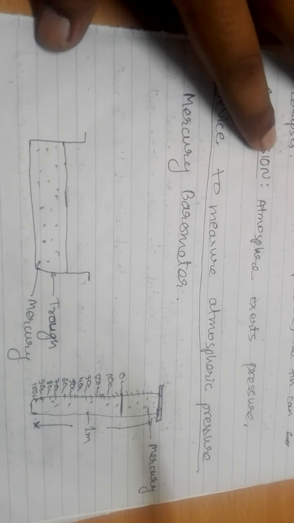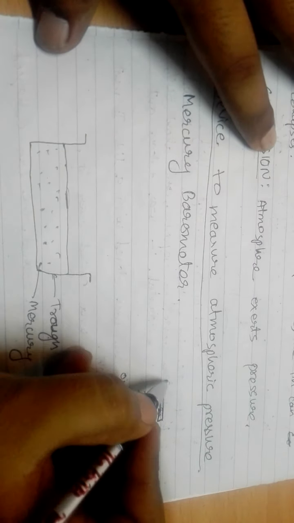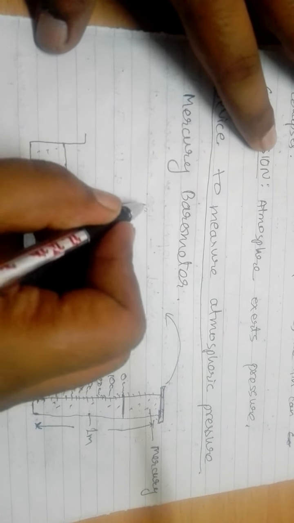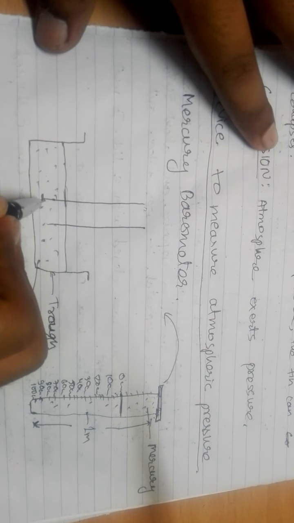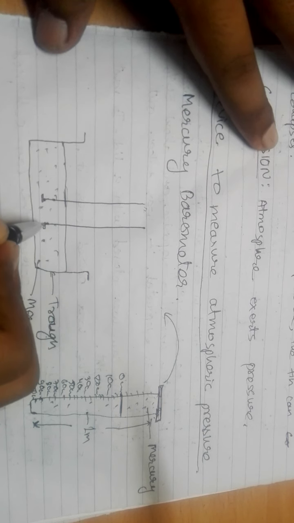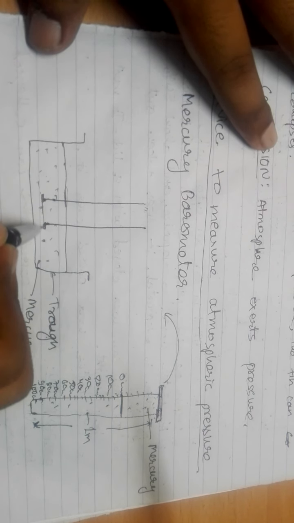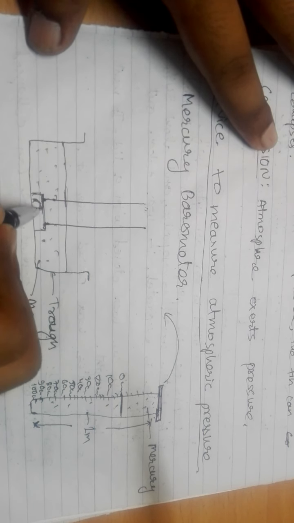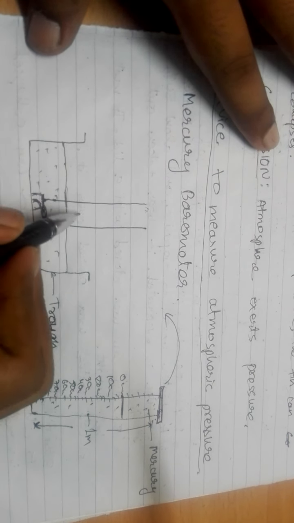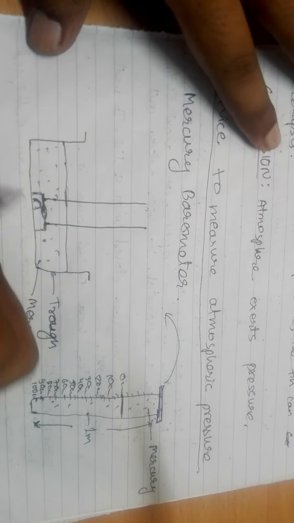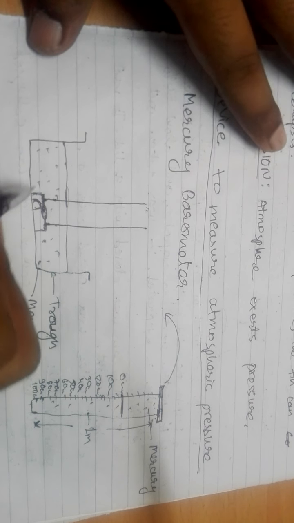Then it is inverted and kept inside the mercury by using a beehive shelf. You know beehive shelf? Beehive shelf has a little hole over here and here, so that it can support the test tube. At the same time it allows the materials to flow in and out of the test tube. It forms a communication system.